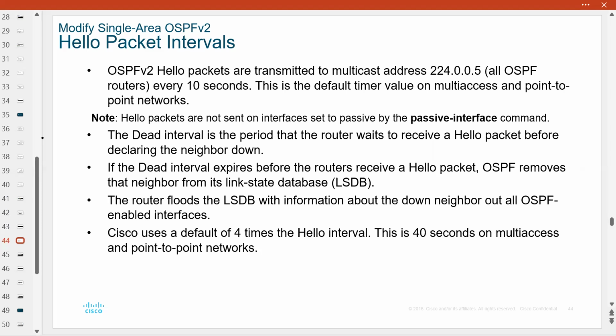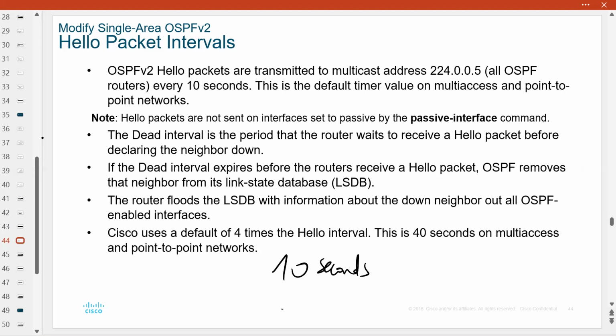So how often is a hello packet sent to other neighboring routers? By default, 10 seconds. So every 10 seconds, a hello packet is being sent. And when another neighbor receives that hello packet and sends its own hello packet, we are close to adjacency.